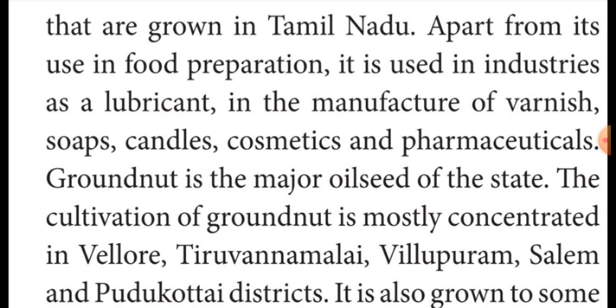Then groundnut is one of the major oil seeds of the state. Groundnut is mostly cultivated in districts like Vellore, Thiruvannamalai, Viluppuram, Salem and Pudukottai. It is also grown in other districts, for example Dharmapuri, Cuddalore, Perambalur, Madurai, Erode, Ramanathapuram, Sivagangai and Virudhunagar.